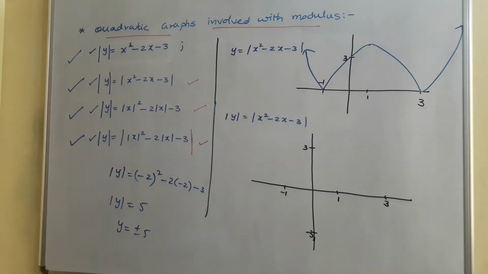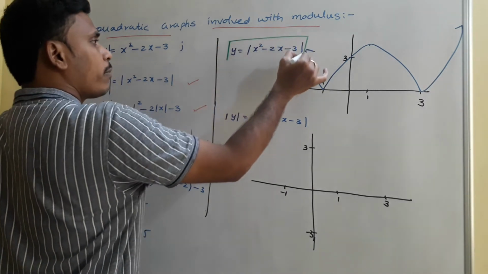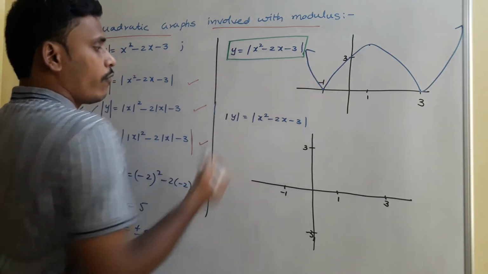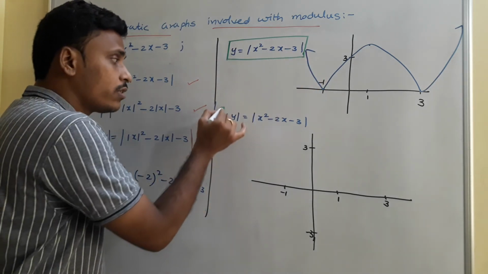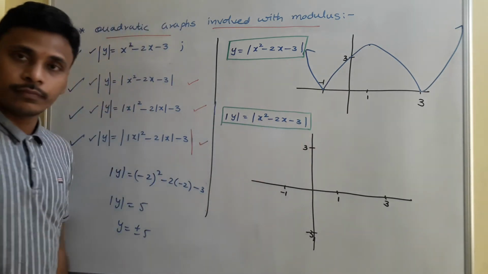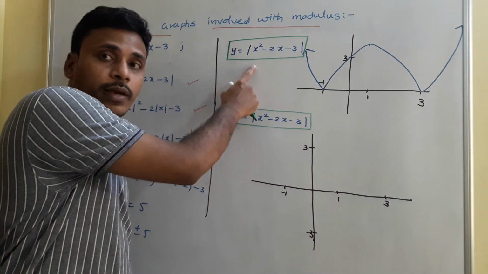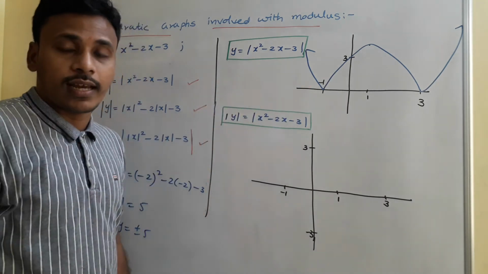Now the next one, y equals modulus of x square minus 2x minus 3. From there we need to sketch mod y equals modulus of x square minus 2x minus 3. This y equals modulus of x square minus 2x minus 3 we will get from the previous class.